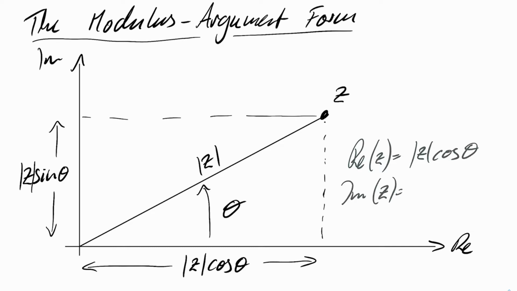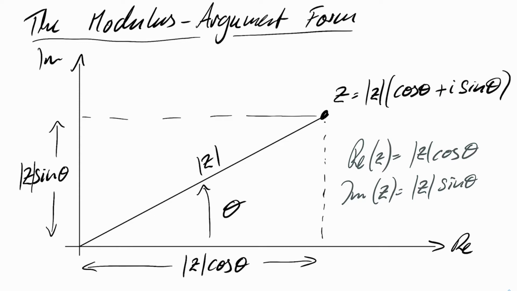So the real part of z is the modulus of z times cos theta, and the imaginary part of z is the modulus of z times sin theta. Therefore I can write z as the modulus of z times the number cos theta plus i sin theta. This is known as the modulus argument form of the complex number.